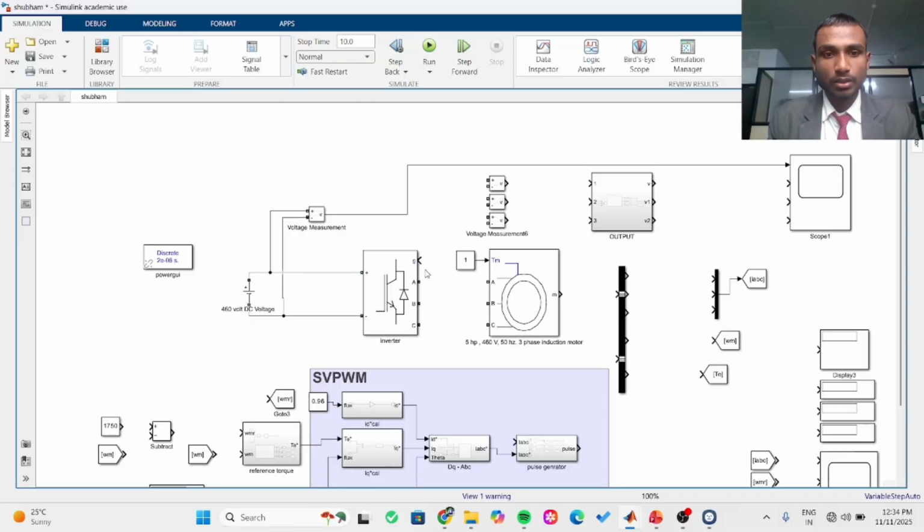After this, we will join the motor first of all. So simply A to A, B to B, C to C. After that, we have to measure this voltage from here also. So again, positive terminal here. This is the second voltage measurement and the third voltage measurement.